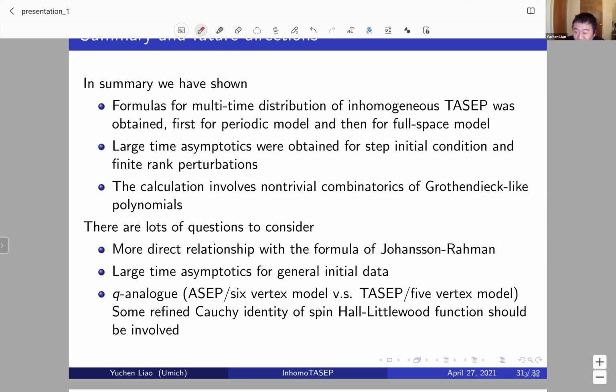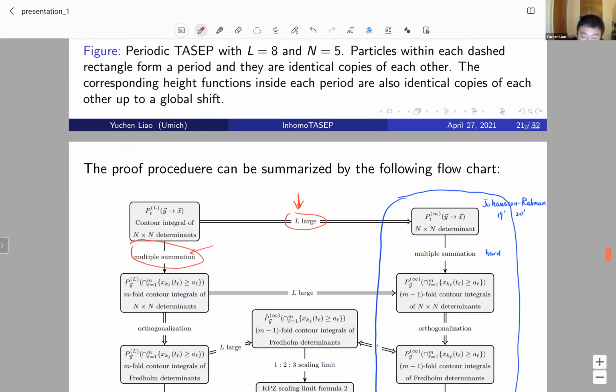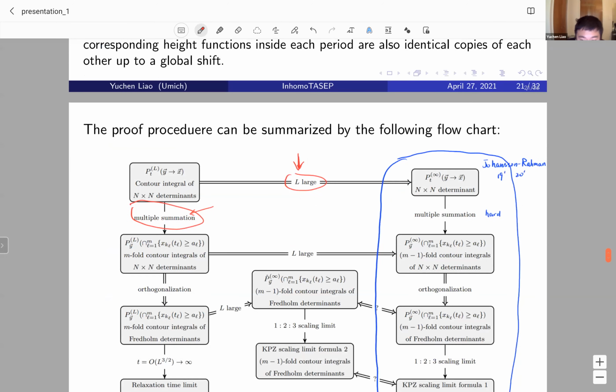So some questions I have or I'm thinking about. The first one is the relationship to the formula of Johansson-Rahman. So if you go back to this diagram, what's happened is before the orthogonalization, I can prove that my formula actually agrees with the formula of Johansson-Rahman.